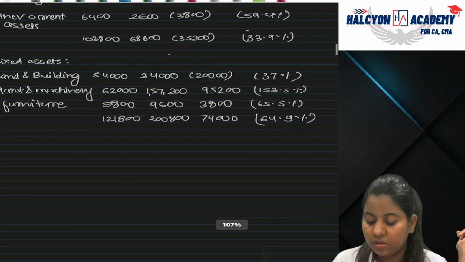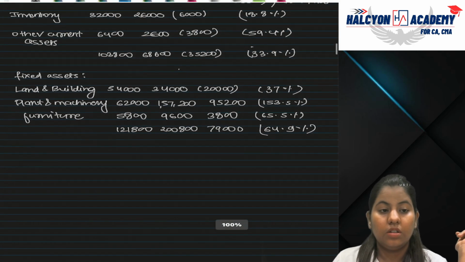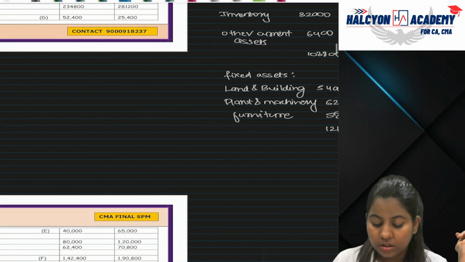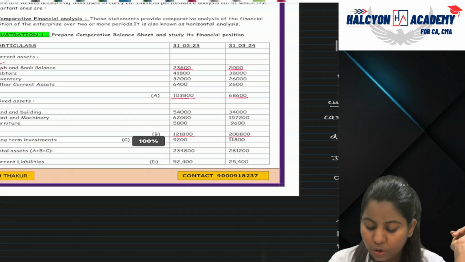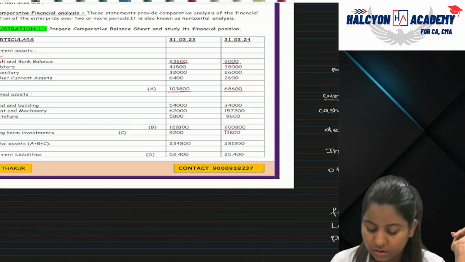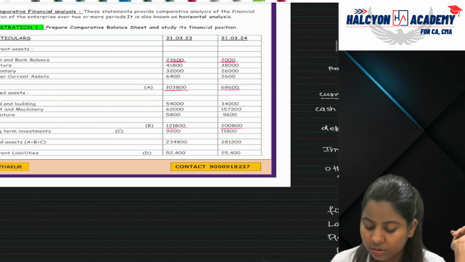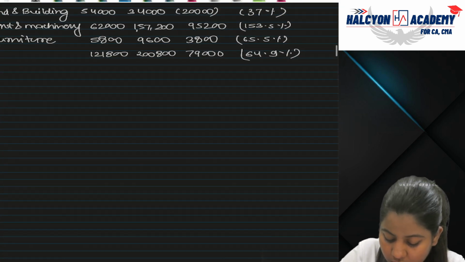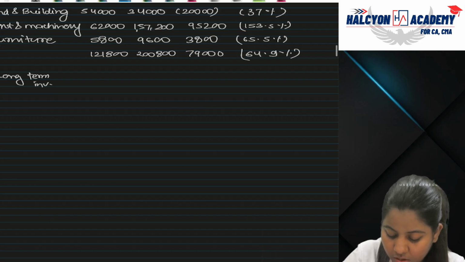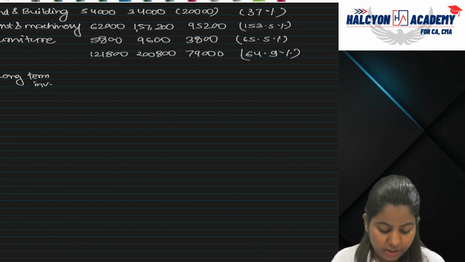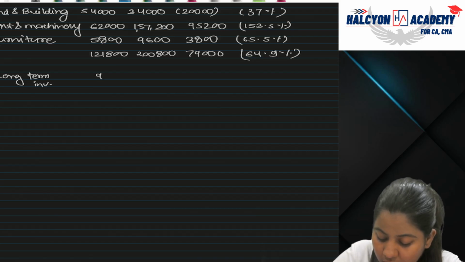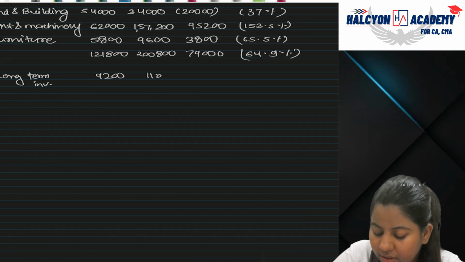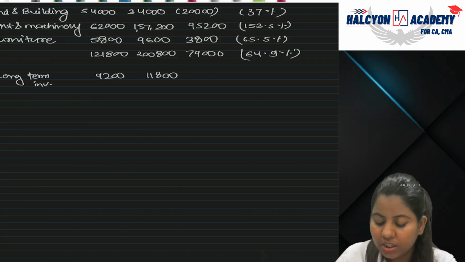I hope it is clear. Then the next thing is long-term investments. In previous year, it was 9,200. In current year, it is 11,800.